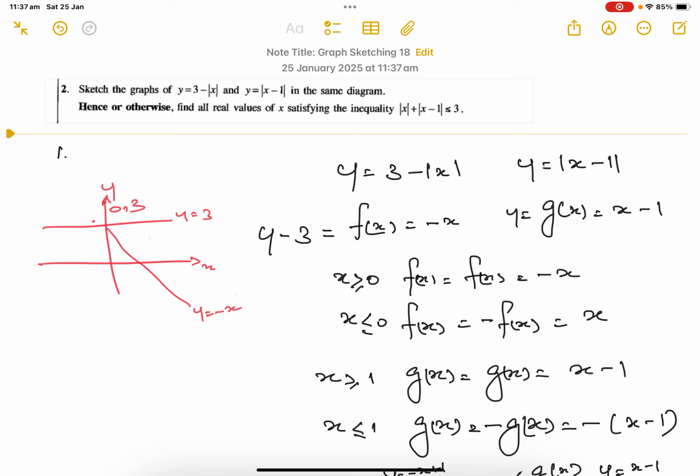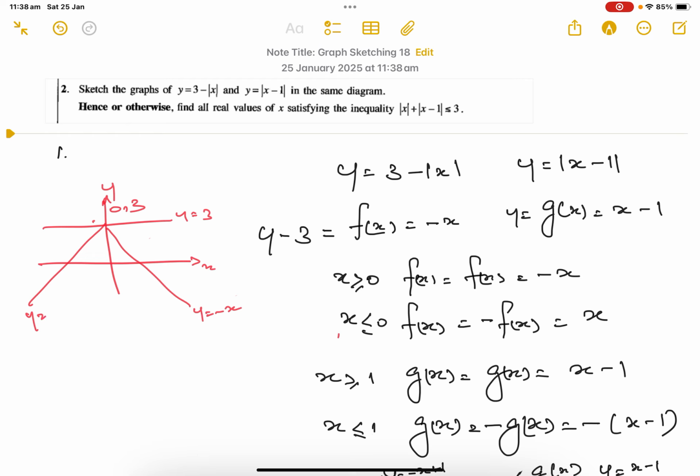And if x is less than 0, f(x) equal minus f(x). This is the reflection of that f(x) on the new x-axis, which is y equal 3. That will be positive, so minus f(x) means minus times minus is plus. So if you have a straight line for y equal x, that's simply this one.